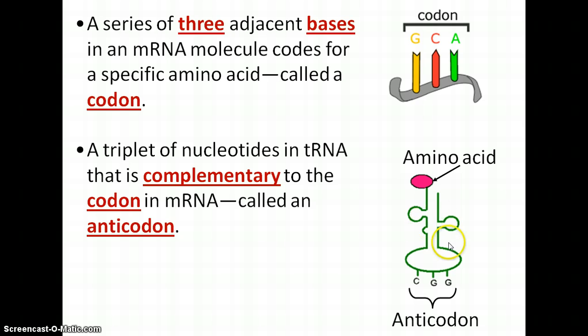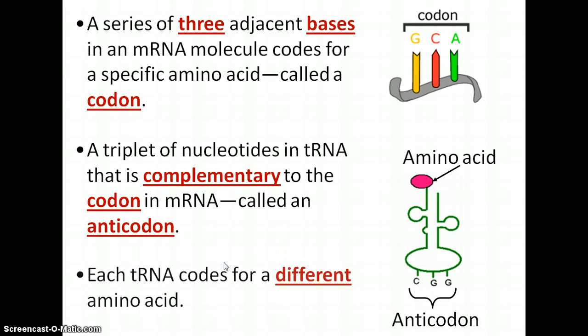So this is a tRNA. You'll notice that it is attached to an amino acid and that it contains this series called the anti-codon. Okay. Each tRNA is going to code for a different amino acid. So whatever this anticodon is, it is going to attach to one of the 20 different amino acids.